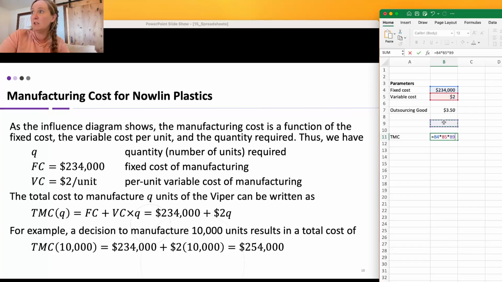So let's put the units here as quantity. This is fixed cost plus the variable cost times how many units. Let's say 10,000. You see that automatically changed to 254,000.